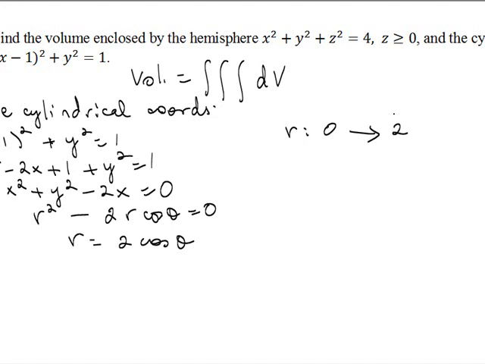If you have an equation r equals a sine theta or r equals a cosine theta, the radius is a. Okay? Now let me see if you remember. What are the theta limits? What did I tell you about that? Do you remember? 0 to pi. Remember that?